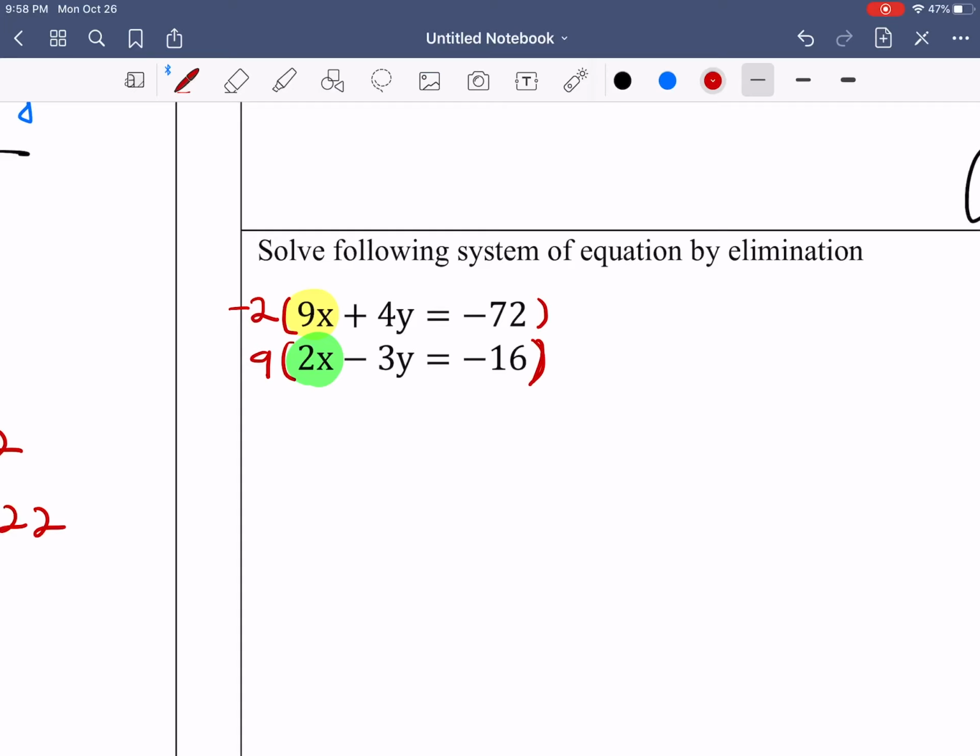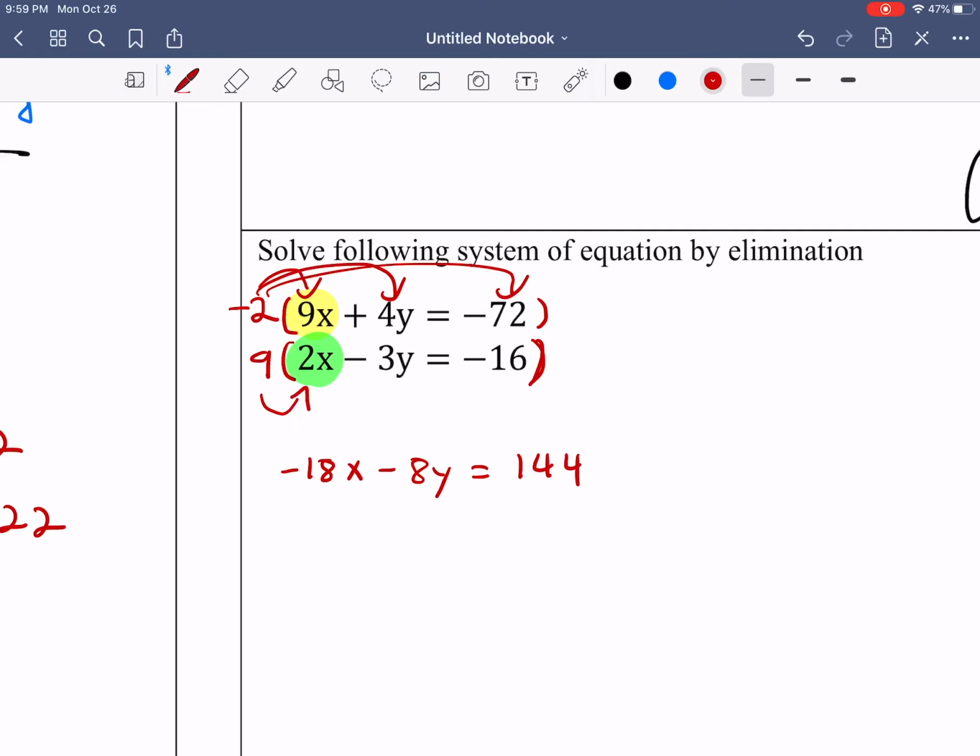Alright, let's do this. Negative 2 times 9, you're gonna get negative 18x. Negative 2 times plus 4, you're gonna get minus 8y. Negative 2 times negative 72 is you're gonna get positive 144. Okay.